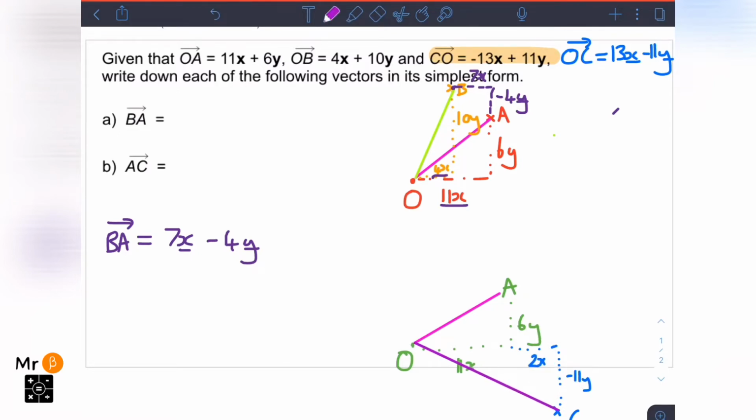So finally, to answer the question now, we need to work out how we go from our point A to our point C. So AC is equal to, well, we've gone across by an extra 2x because we've gone from 11x to 13x, and we have gone down by 17y.